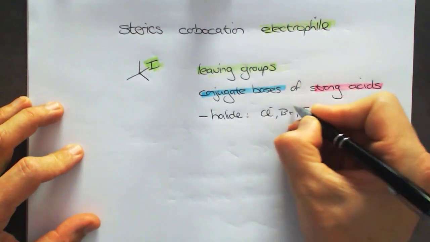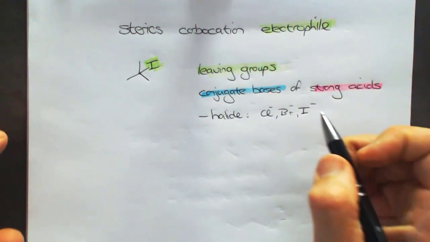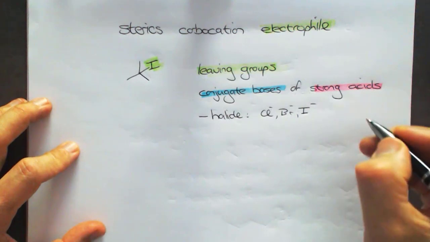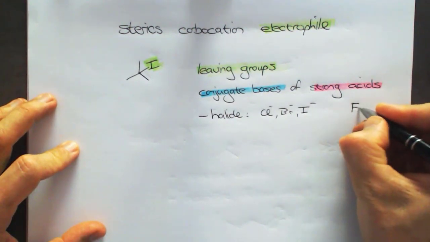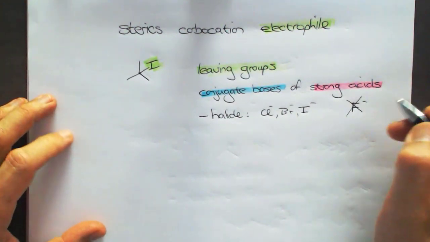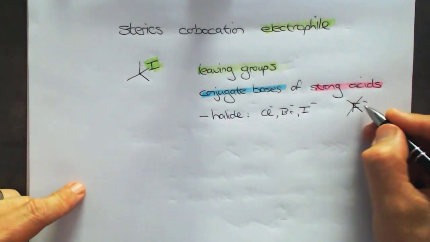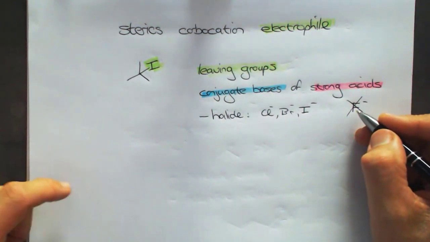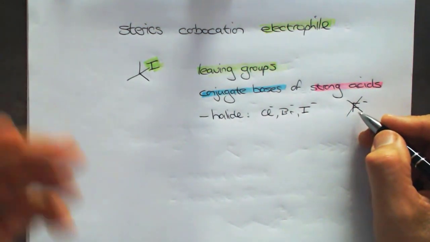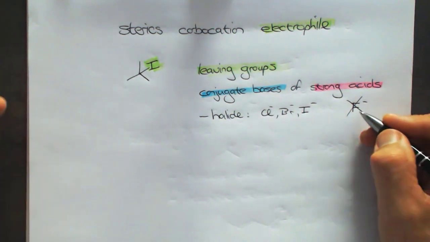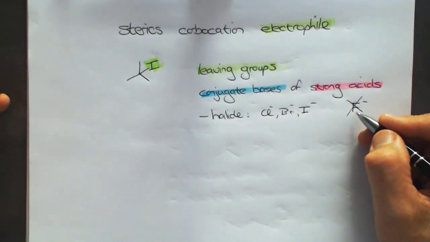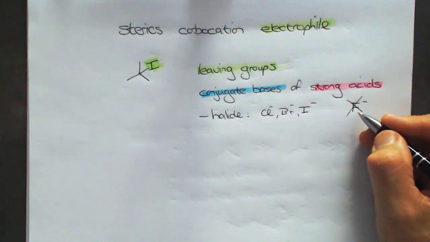All right, so Cl-, Br-, and I-. Those have been the very good leaving groups. Remember that not F-. F- is a terrible leaving group because it actually has a very strong bond to carbon, and the pKa of HF is about 3. So it's not a strong acid. HF is not a strong acid, so it's not a good leaving group.